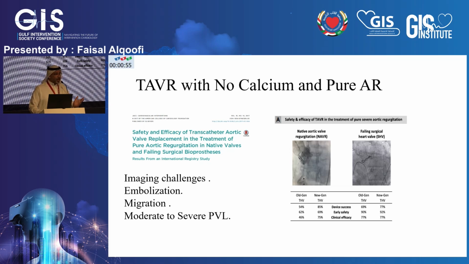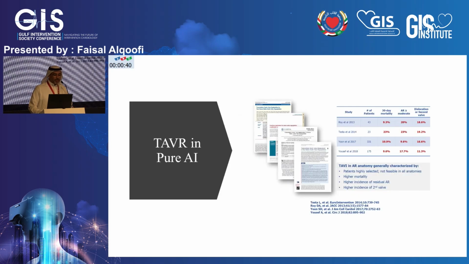This is more practical in patients who have pure aortic insufficiency. I'm going to take a couple of minutes to talk about this. So definitely worse outcome compared to severe aortic stenosis, a lot of migration. But there is hope. If you look at the data in the initial reports, the success of the device was very small.